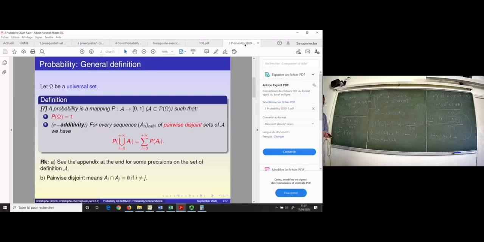At the end, what I have proved is that if I have a sequence of pairwise disjoint sets, the PB of the union is equal to the sum of the PBs. I have proved that the second statement in the definition of a probability is fulfilled. So I have proved that PB is a probability. I have an initial one that was P, and I have a new one. This new one is called conditional probability given B.